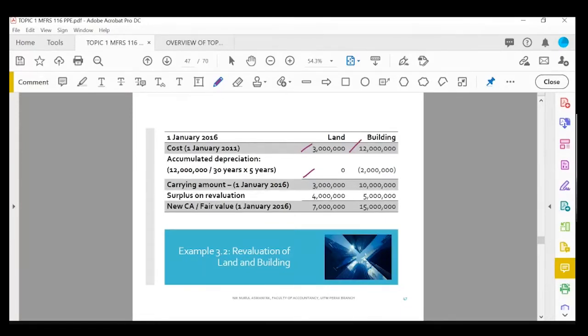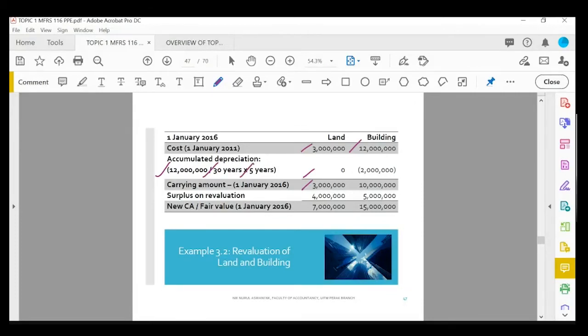The revaluation took place on 1st January 2016, meaning that we have to make a comparison between the carrying amount and the fair value on 1st January 2016. So you have to find the carrying value on 1st January 2016. For land, no problem, 3 million. For building, we are going to do some calculation here. So 12 million divided by estimated useful life, 30 years, times 5 years.